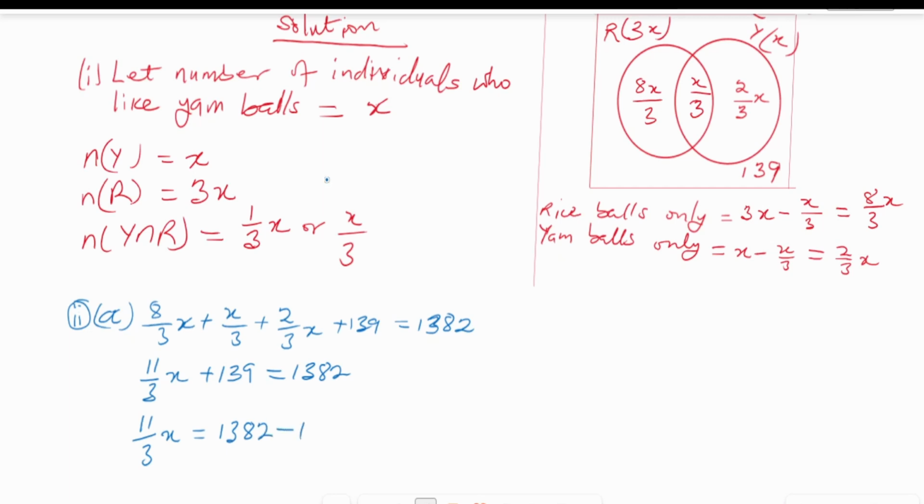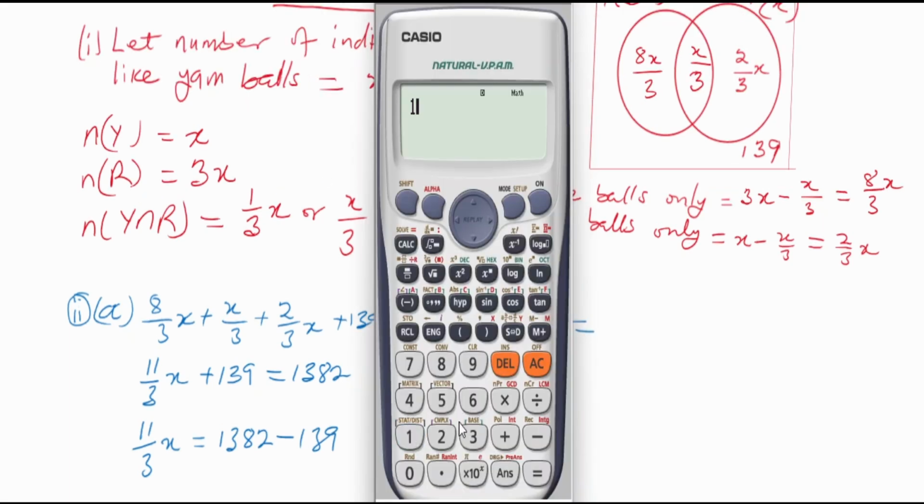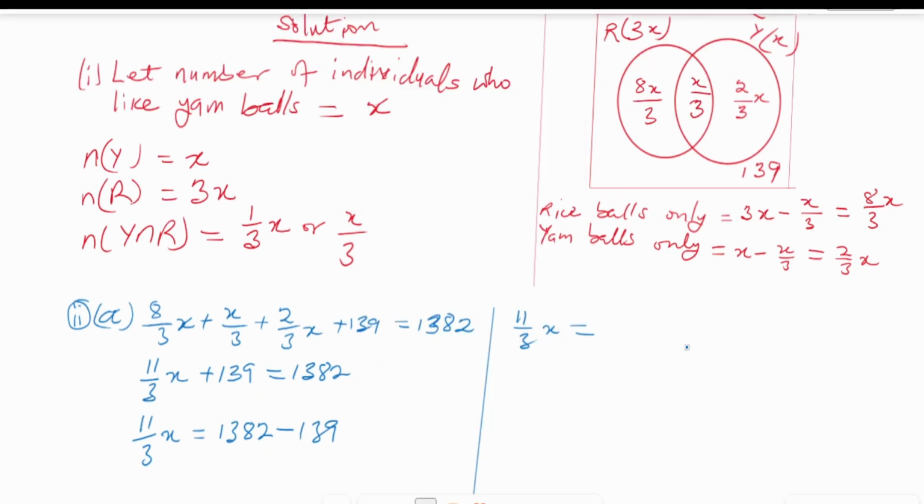1382 minus 139, and 11 over 3x will be equal to 1382 minus 139. That's 1243. So this will be equal to 1243. Then now we multiply both sides by 3. And then when we do this, the 3s cancel out, we have 11x equal to 1243 times 3.